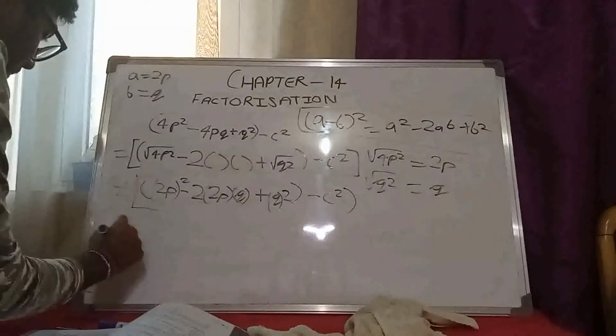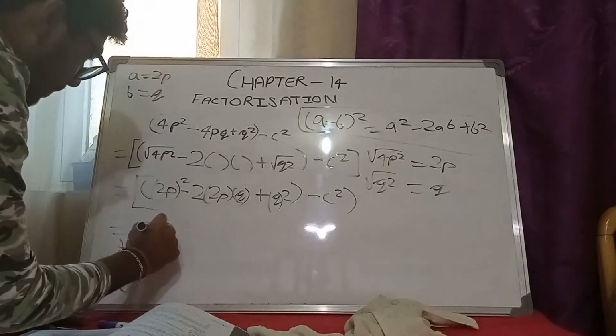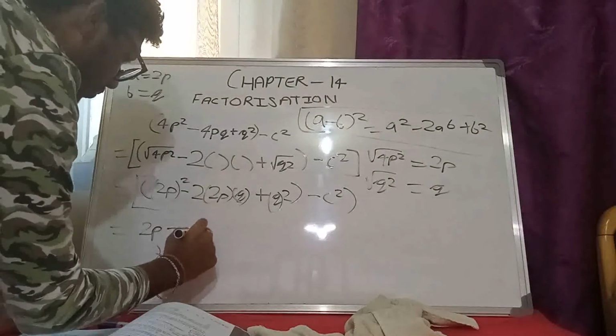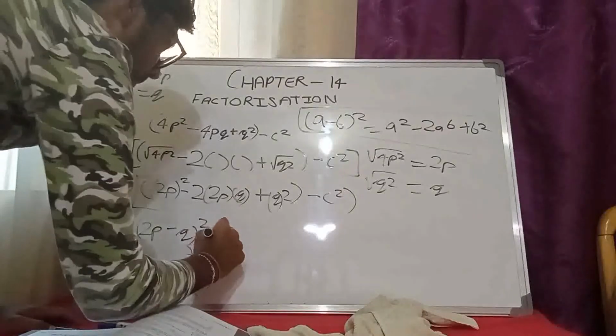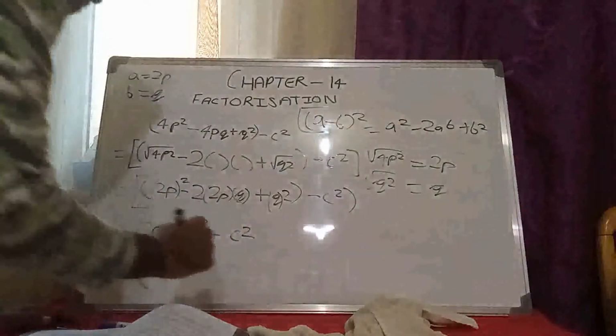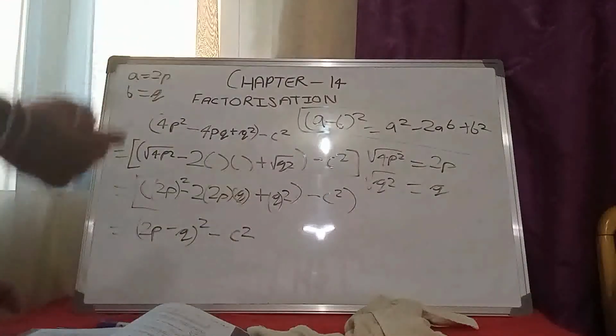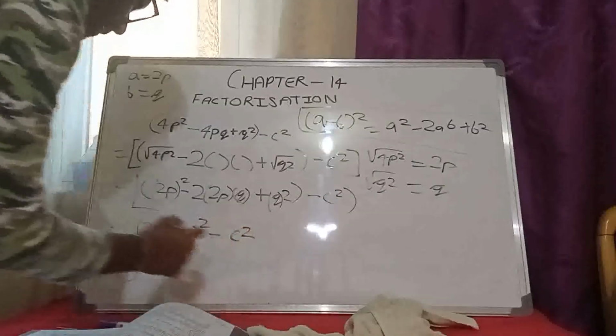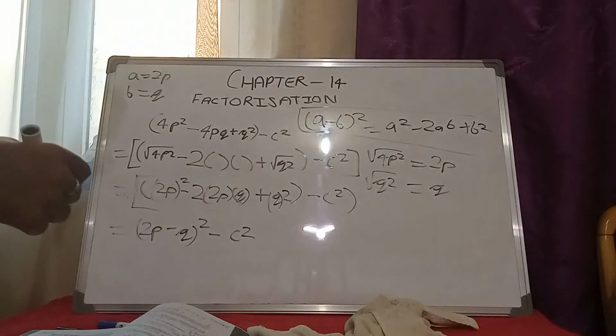Now when we solve it, we will get 2p minus q the whole square minus c square.